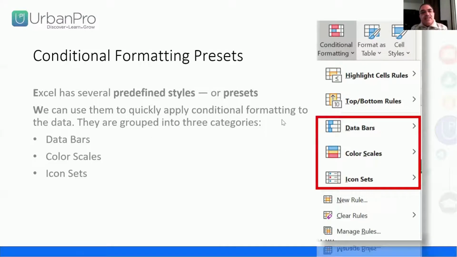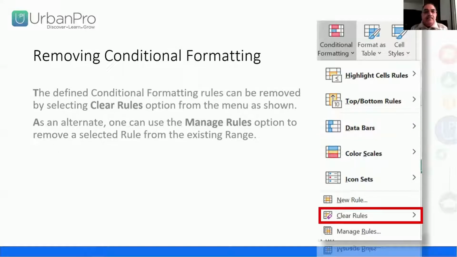Now, when we talk about the presets, like I mentioned earlier, these are specific to data bars, color scales, and icon sets. These allow Excel to quickly identify and share the information in a specific order based on the respective category.